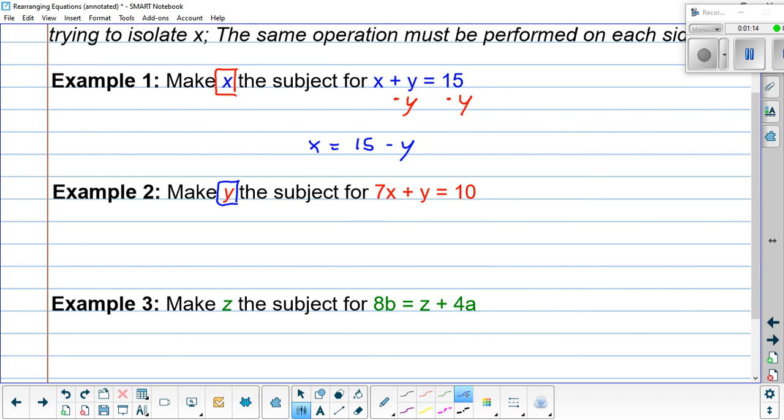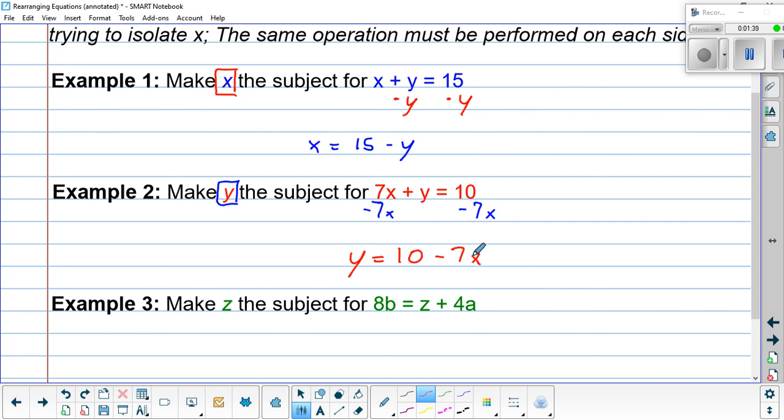Well, we subtract 7x, because 7x minus 7x is 0. On the right side, we subtract 7x because we always want to balance it. We always want to do the same operation to both sides. This will mean in the end we're going to get y equals 10 take away that 7x.